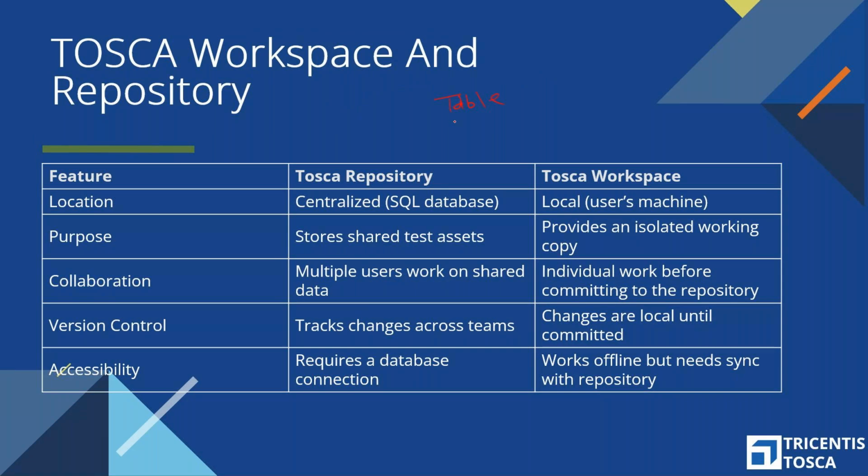We need to make sure we follow that. Without it, we will not be able to create the project, or even if you create the project, it will not be compatible, because Tosca stores all the data in tabular form. Obviously, a database is a formation of tables itself. So we have to make sure we execute that query, create the project, and connect this shared repository with the local workspace. This is what we are going to cover.